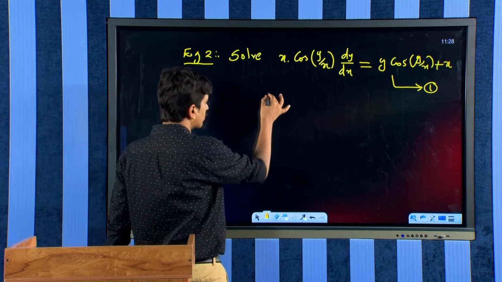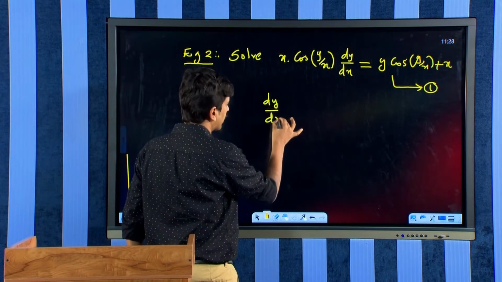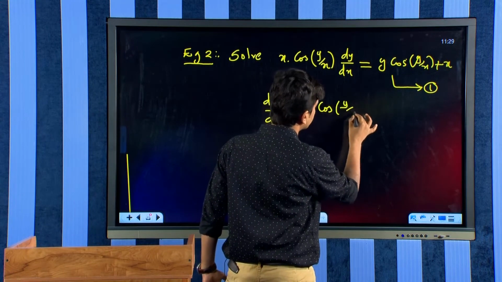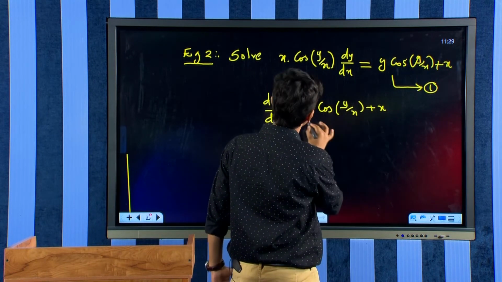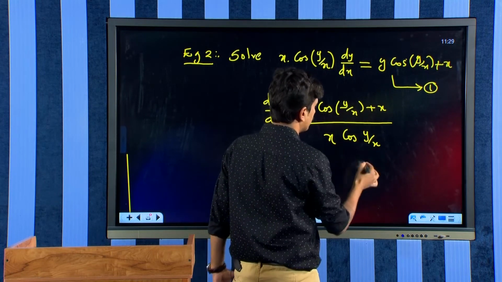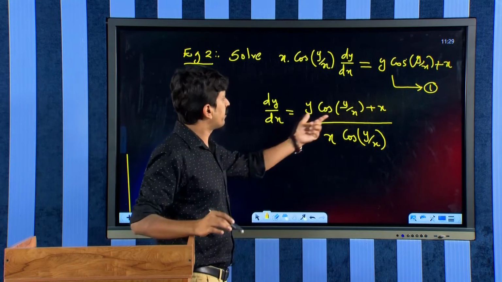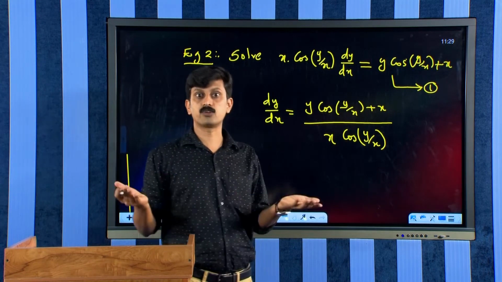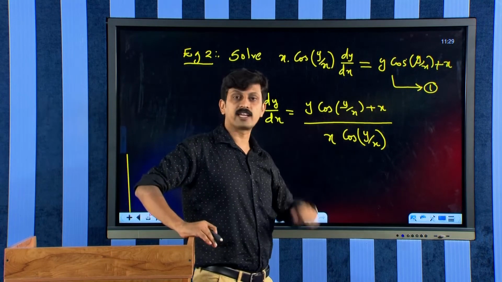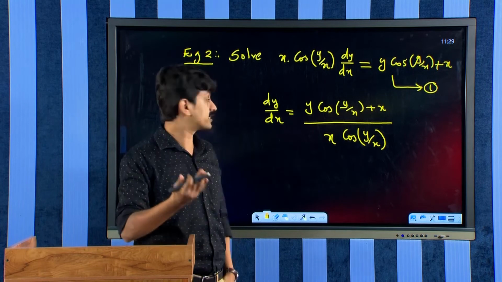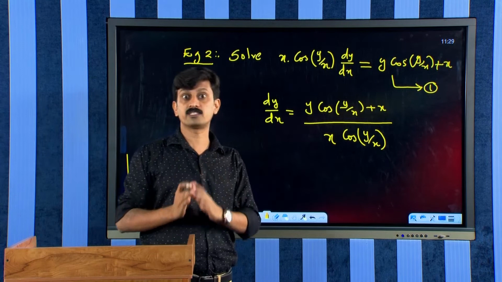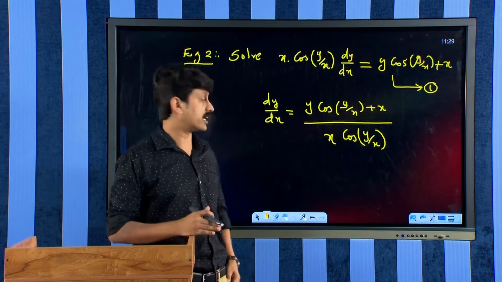So I would like to rewrite equation number 1 as dy by dx is equal to (y cos(y by x) plus x) divided by x cos(y by x). We have cos(y by x) in numerator and denominator, so we smell it is homogeneous. Now I would like to take x out of the numerator. In the numerator we have a single y, so we have to change that into y by x.